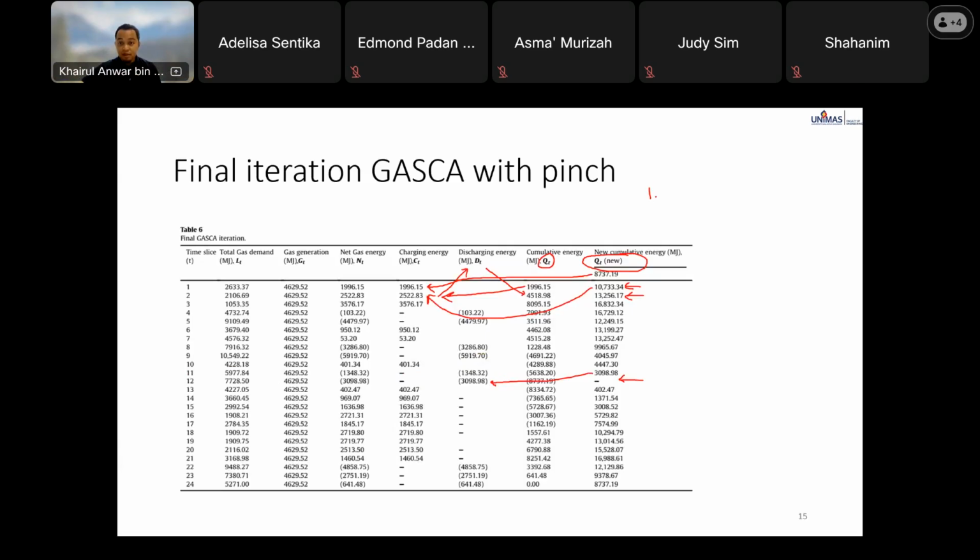So P percent, P equal to Q final is 8737.